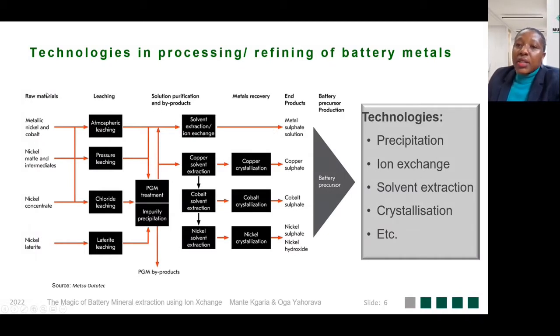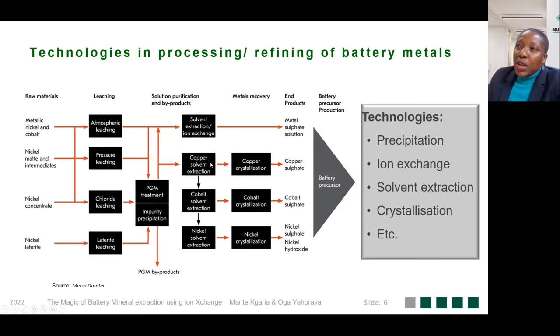Nickel and cobalt crystals are produced from raw materials such as nickel laterites, copper and cobalt ores. These raw materials are typically leached, and the pregnant leach solution that is generated is purified.